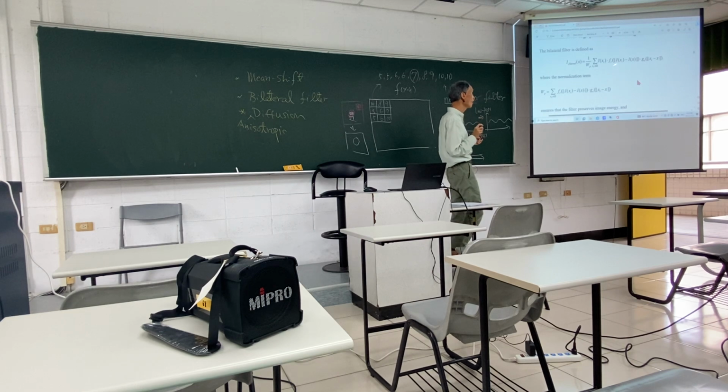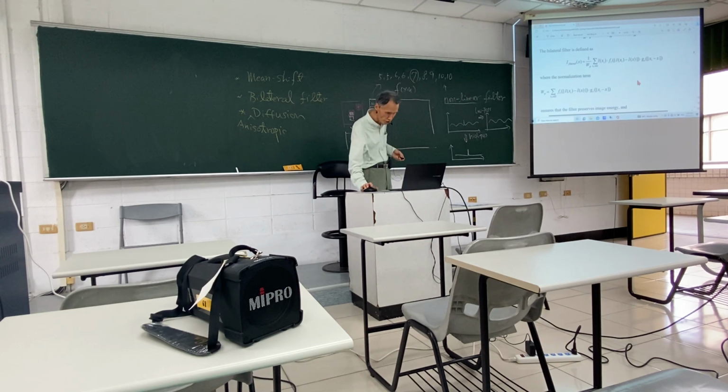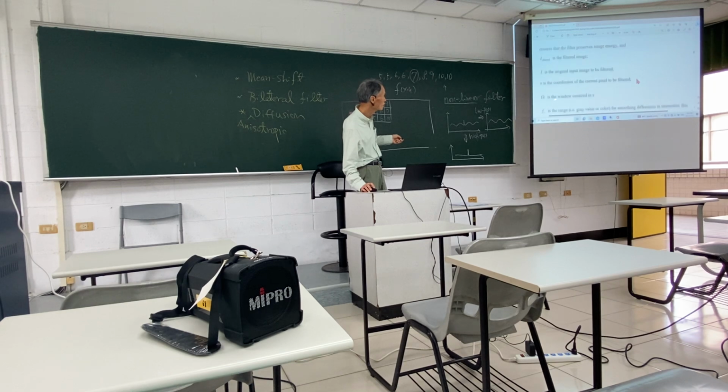All right? f has something to do with the color, g has something to do with the distance. So you can relate this to the meanshift operation.